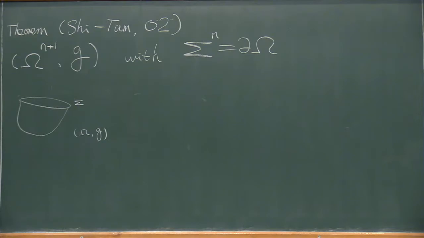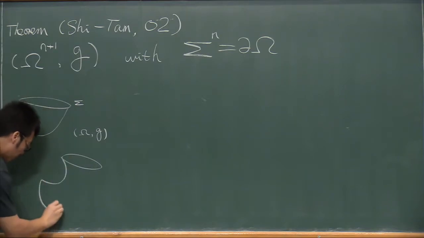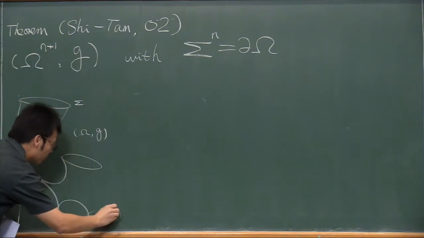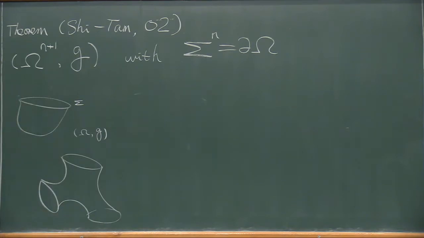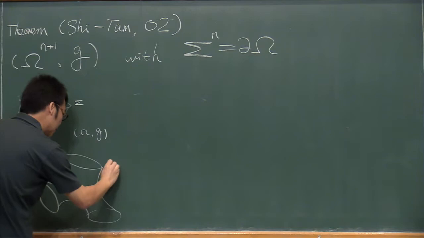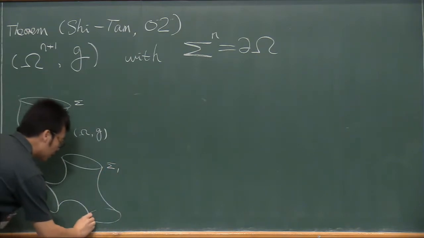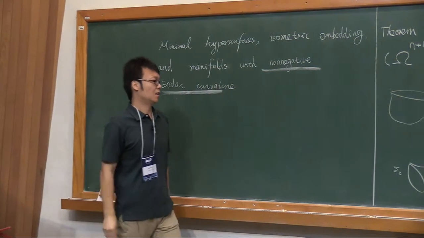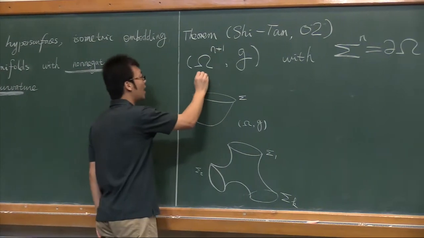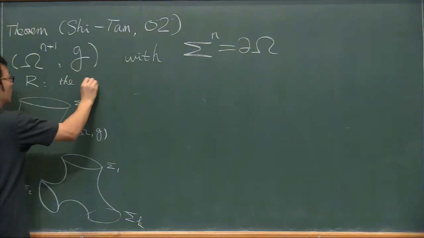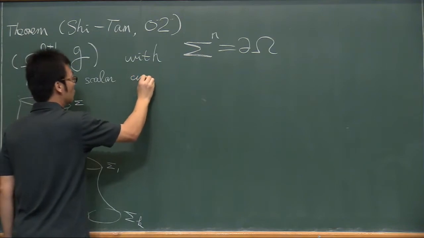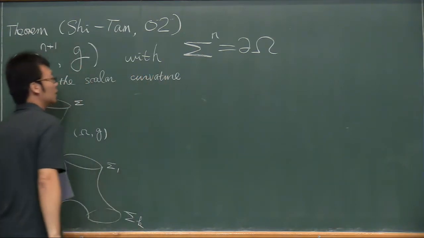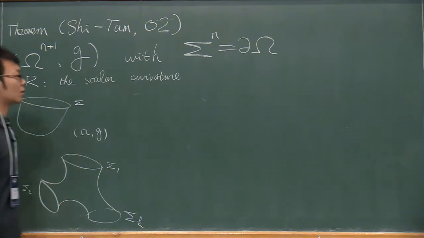And one also allows the boundary to be disconnected, in which case we can label the boundary components, say Sigma 1, Sigma 2, etc. And we are going to always assume that the manifold has non-negative scalar curvature, say R, the scalar curvature, is always assumed to be non-negative in this talk.